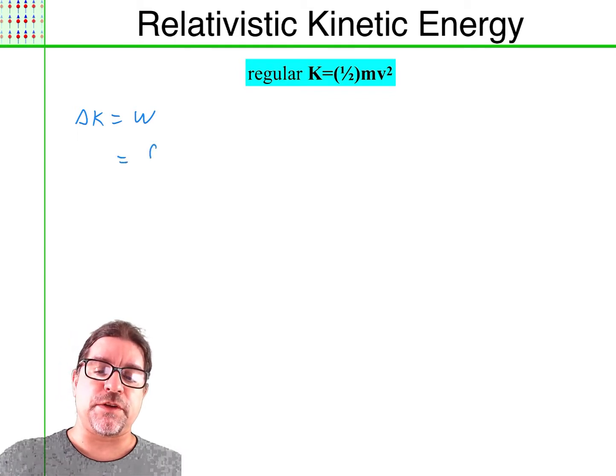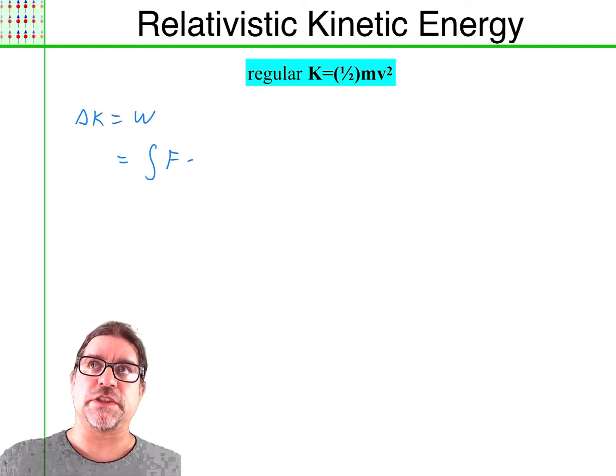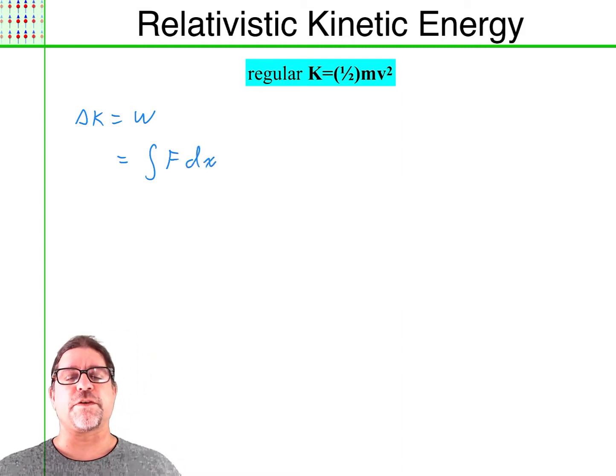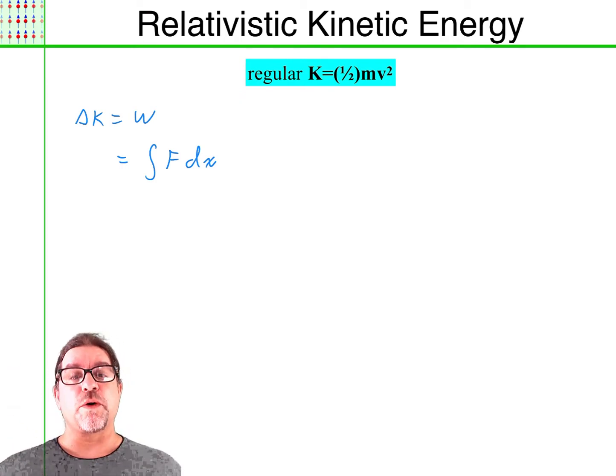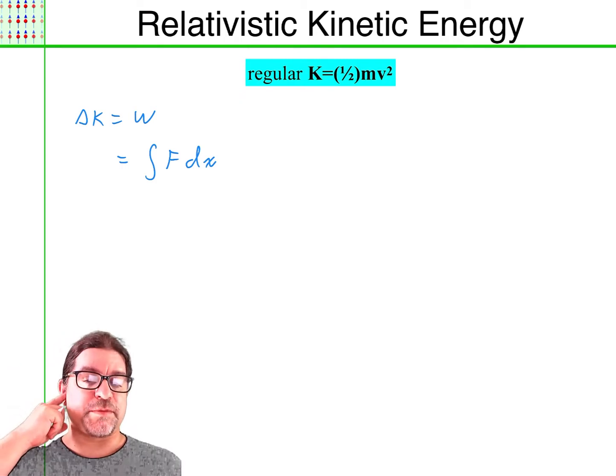For work, I'm going to use the general definition of work in one dimension. It's the integral of the force. You might remember work can be F dot displacement, or it can be the integral of the force over a displacement.